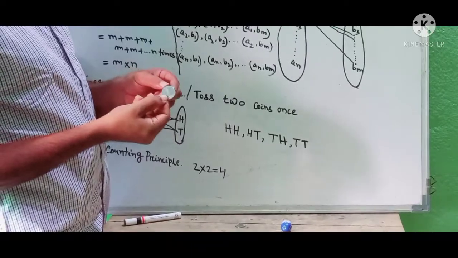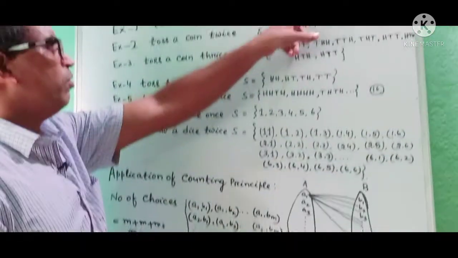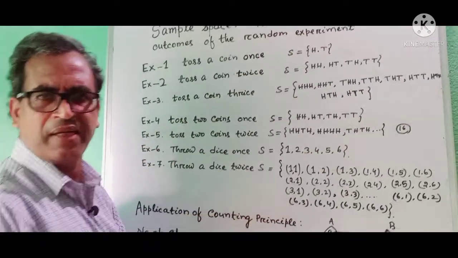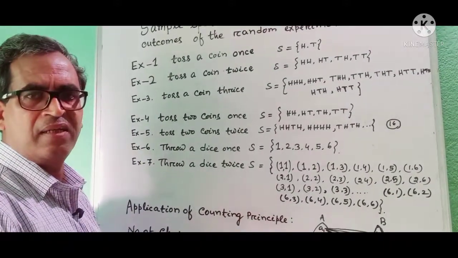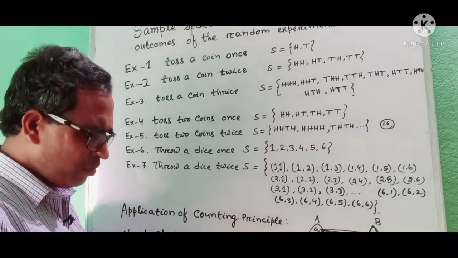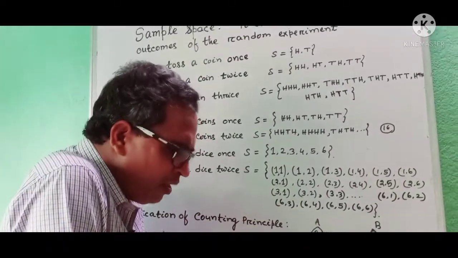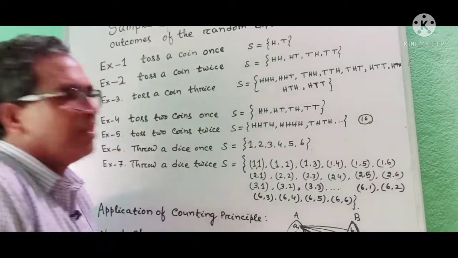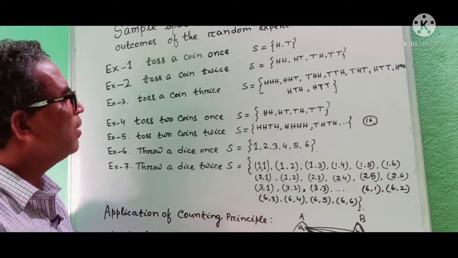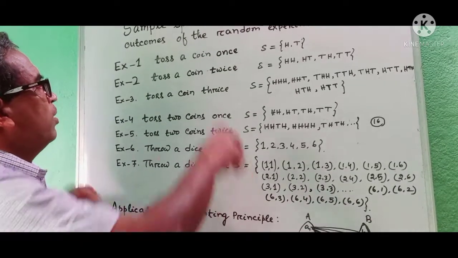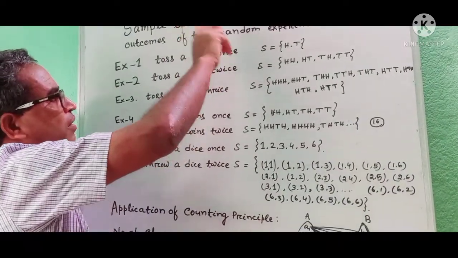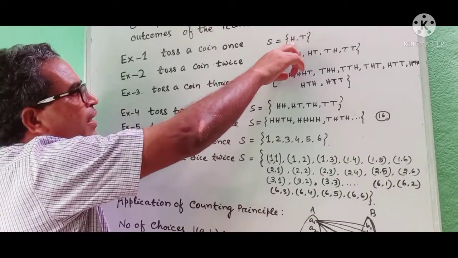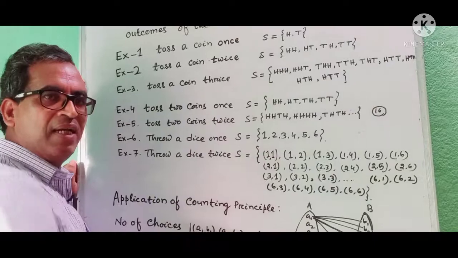I got head. So head, tail will be repeated. There is no necessity of writing head and tail repeatedly, because in set theory the elements of a set are not repeated. So the toss of a coin once, the sample space will be the set having the elements H and T.